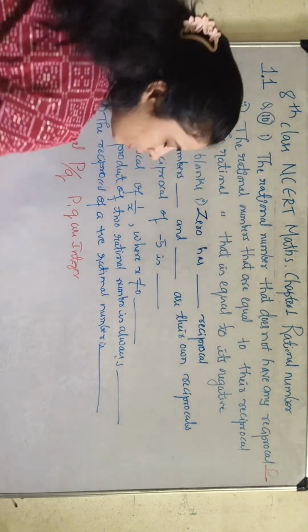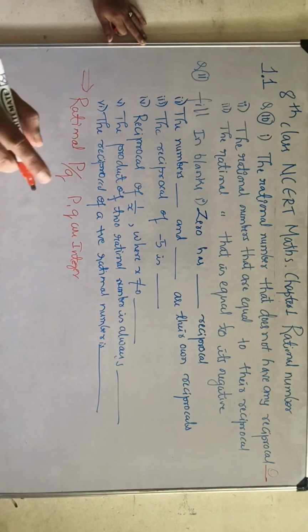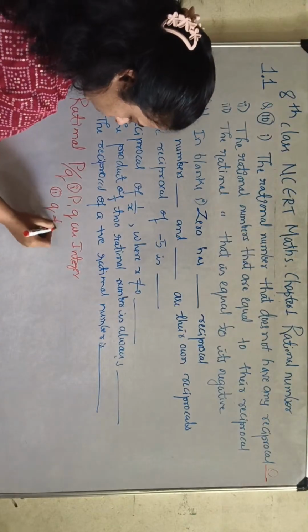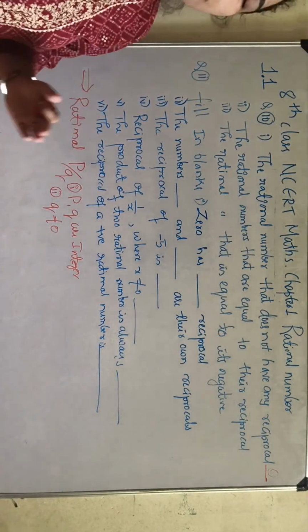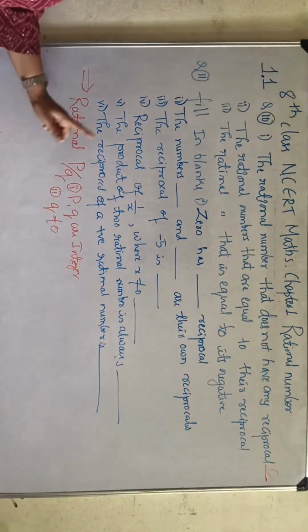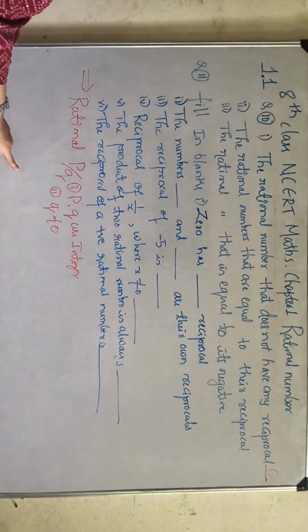You know the integer set has whole numbers and negative numbers. And one more important condition: q is not equal to 0. Means the denominator can't be 0. The numerator can be 0. The only thing is the denominator can't be 0.